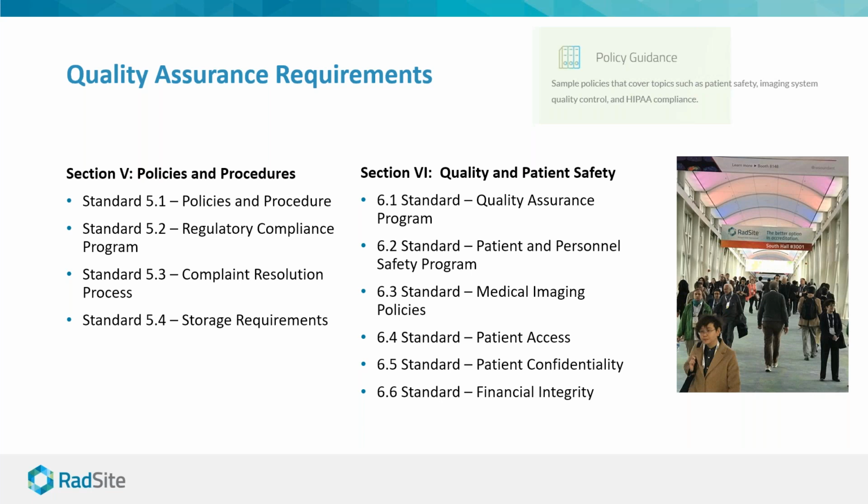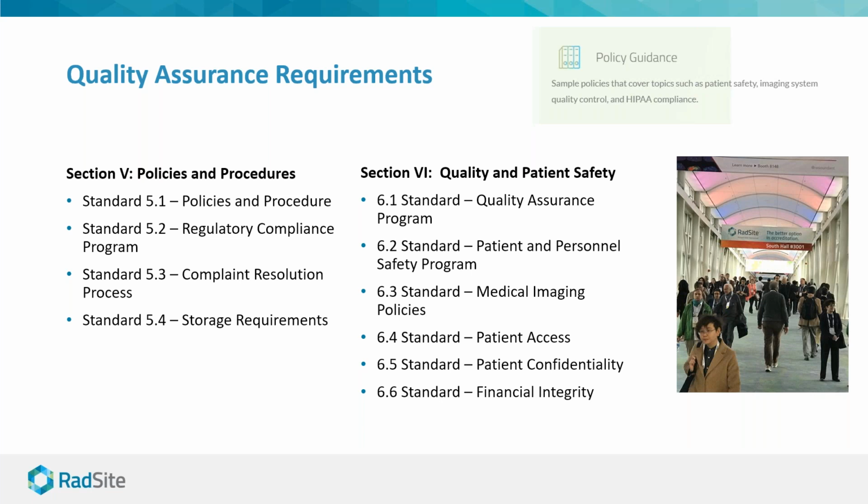Next up, we've got the quality assurance requirements. It's important to have programs in place to ensure that quality care is being delivered, that there's a process for regulatory compliance, for resolving complaints, for storing images properly, that there are policies and procedures in place for all these things.